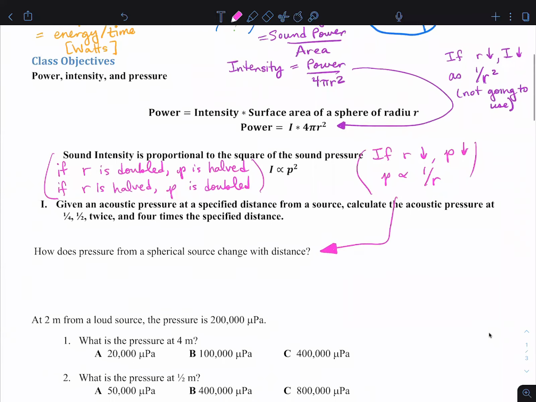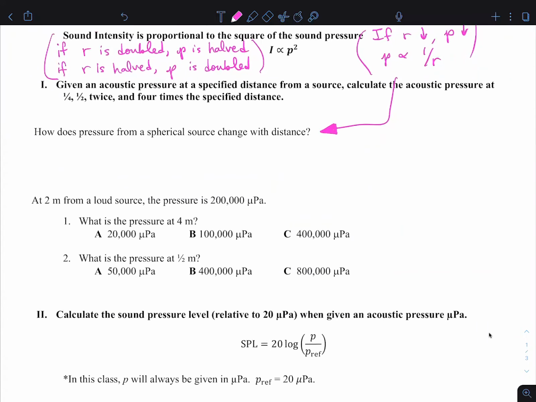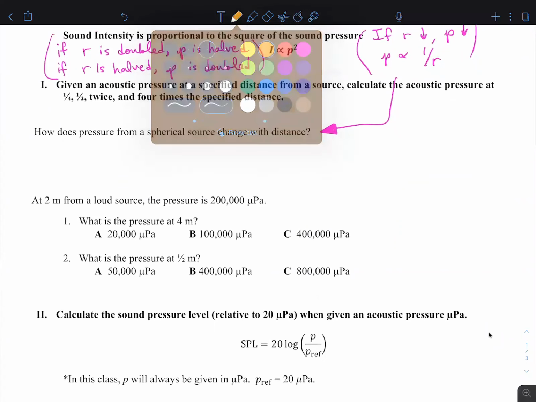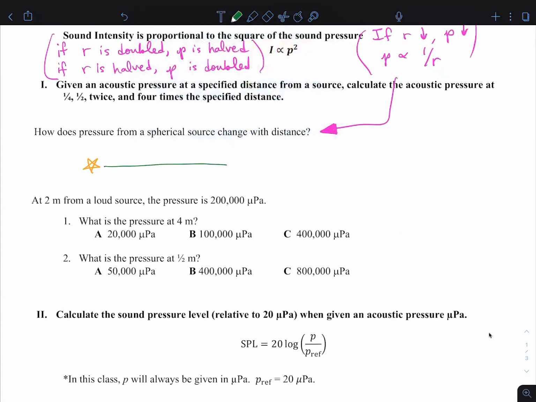Now, doing an example of that in question number 1. At 2 meters from a loud source, so let's get our source and draw where we're at, 2 meters away. At 2 meters, the pressure is 200,000 micropascals.